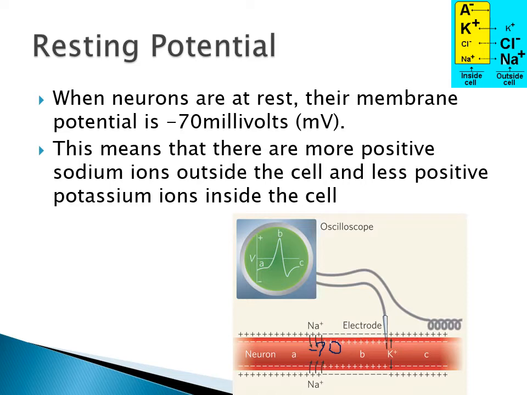That -70 is in reference to what's outside the cell. What's actually happening is we have potassium inside and we have sodium outside. Both have a positive charge, but because there's more sodium outside, there's a higher positive charge outside and a lower positive charge inside, which gives the inside potential a negative charge.